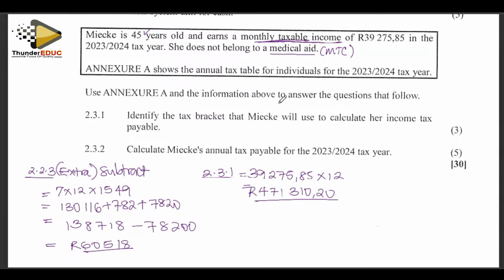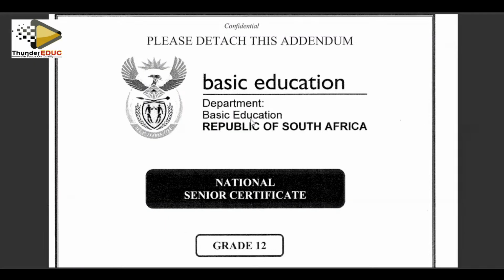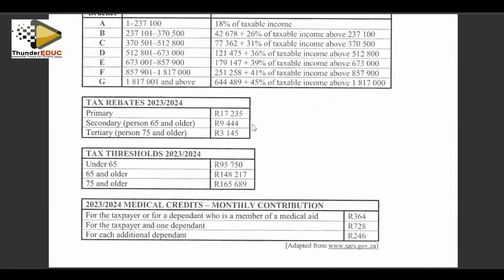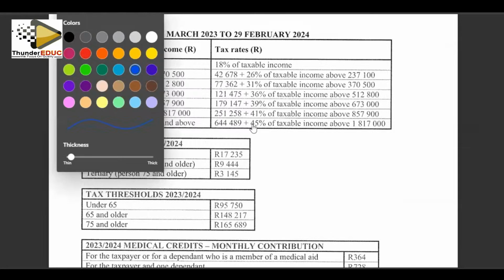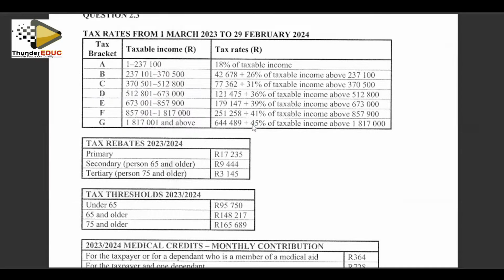All right, let's go to the next annexure. This is the addendum. The value that we've got from there, the person earns this much money. The value that we are looking at is 471,310, 22 cents.